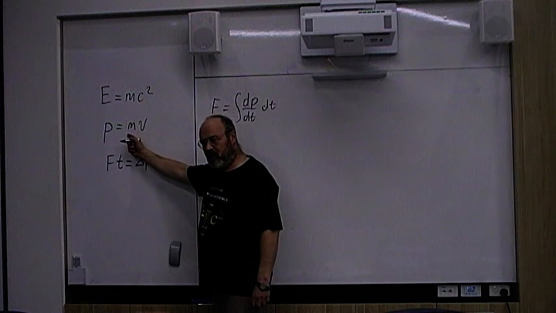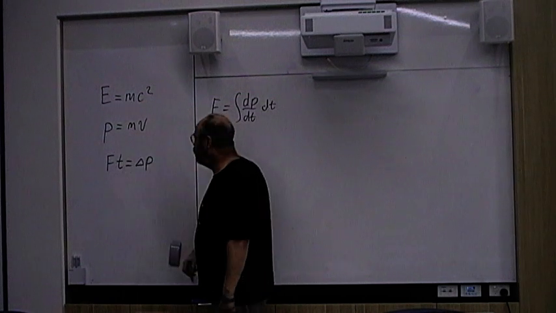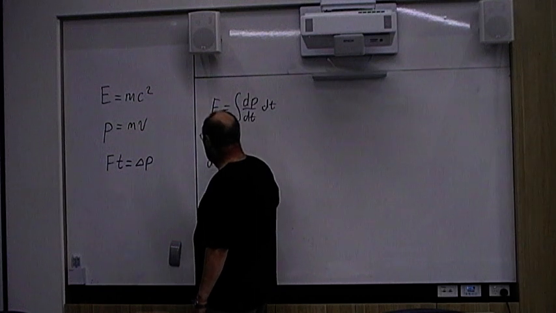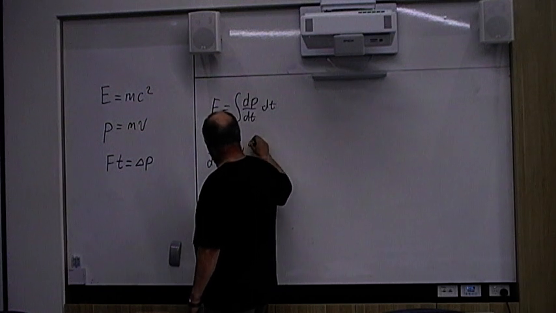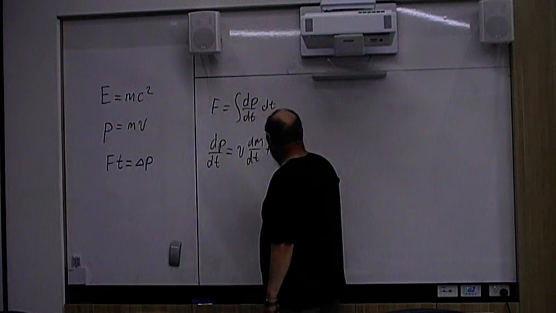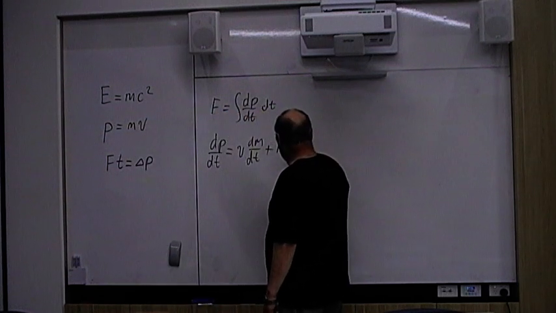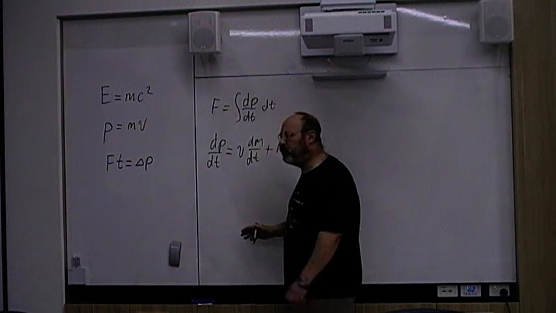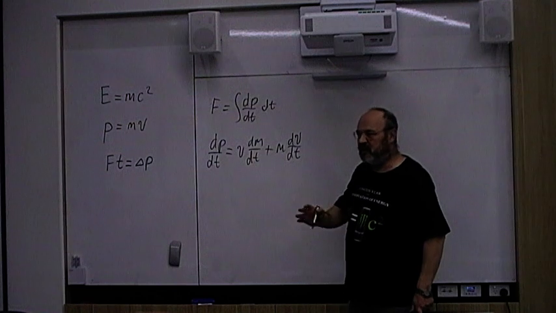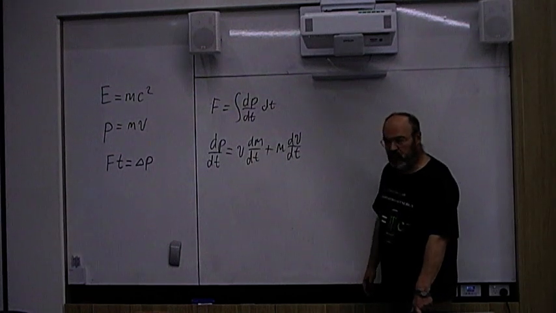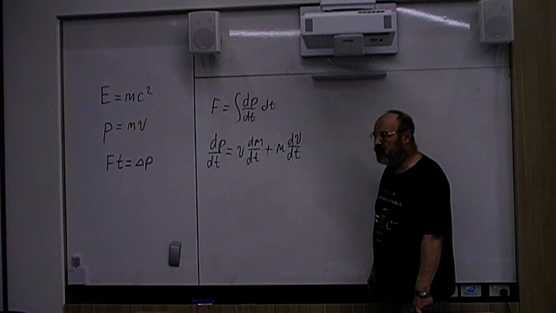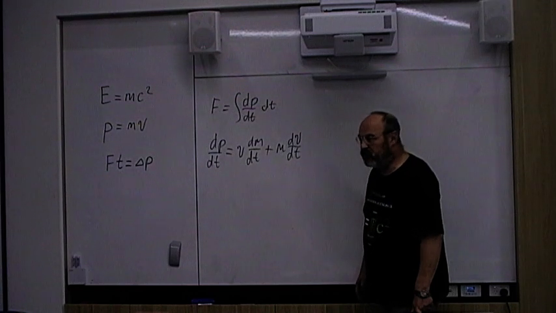Differentiating using the product rule, we can find that dp over dt equals v dm over dt plus m dv over dt. I'm not going to show you all of it because it goes beyond the mathematical knowledge most of you have, except perhaps students who do special 3-4.